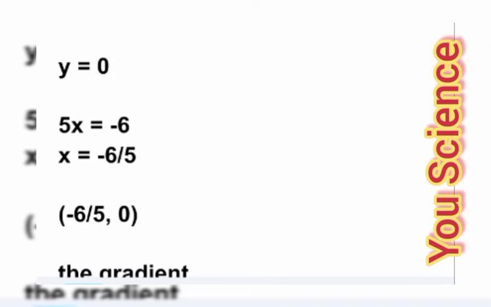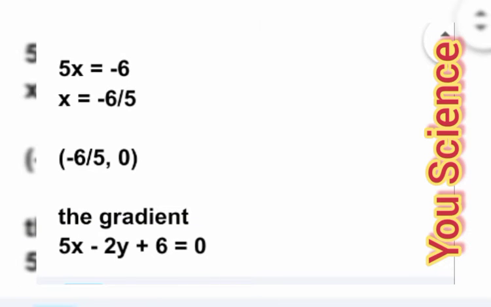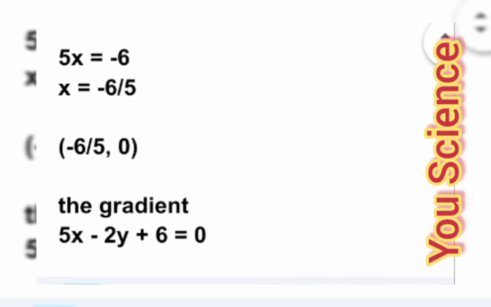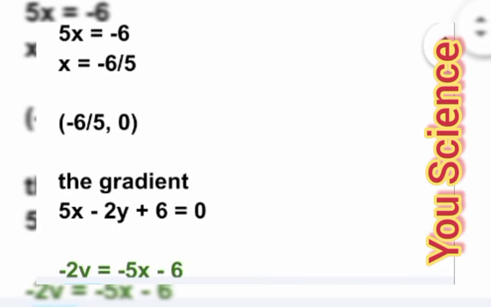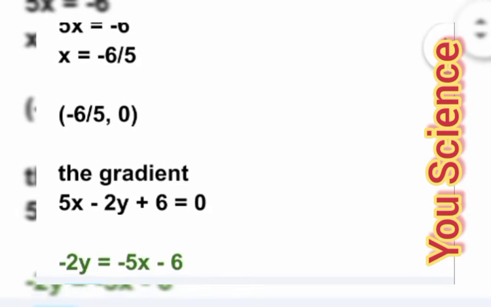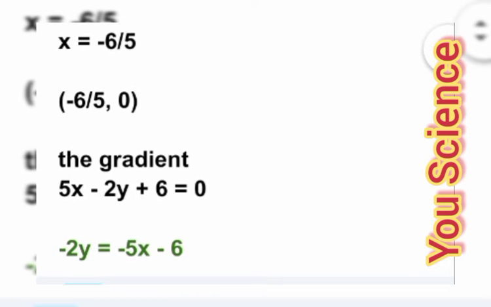So next, we need to find the gradient of the line 5x minus 2y plus 6 equals 0. To find the gradient, we make y the subject of the formula. I'm going to have minus 2y equals minus 5x minus 6.